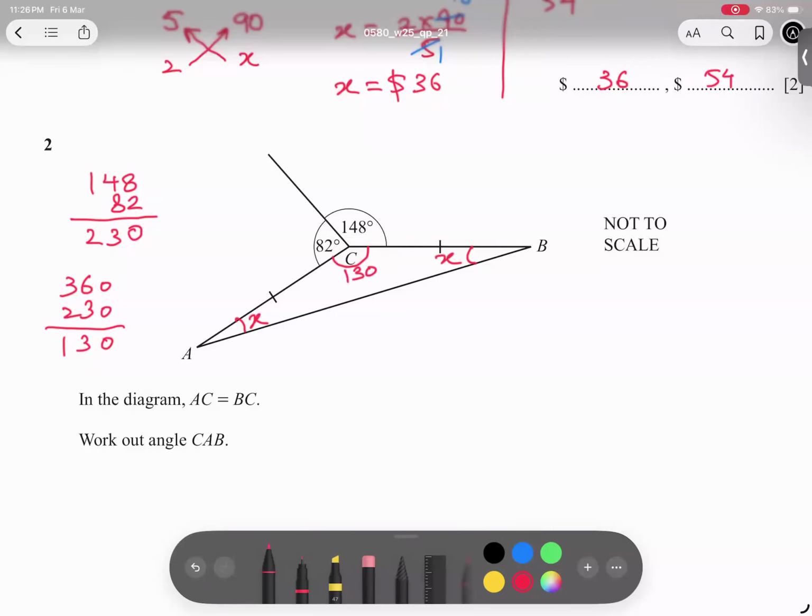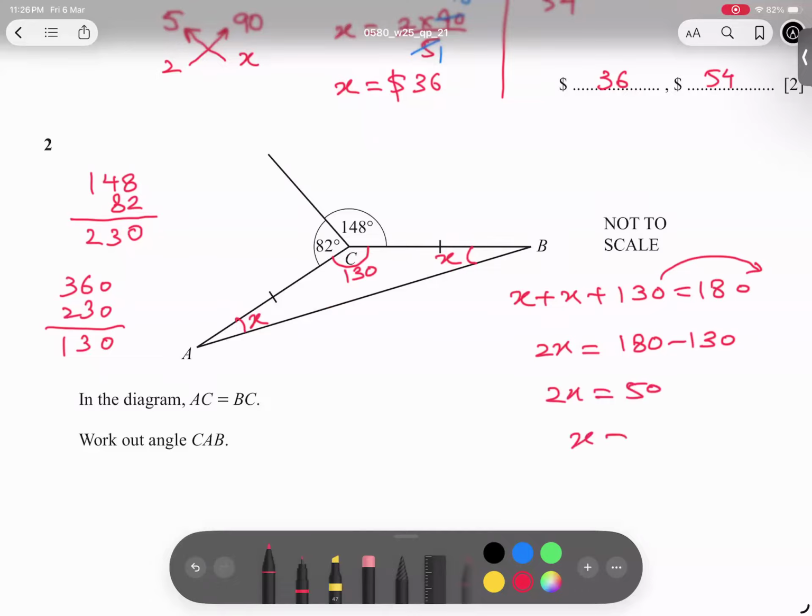Now I can easily find it: the sum of all three angles equals 180. x plus x plus 130 is equal to 180. x plus x gives 2x, and 130 goes to the other side, subtracted, and 2x is equal to 50. If you divide by 2, we get 25. And he was asking for CAB. So angle CAB we got from here is 25 degrees.